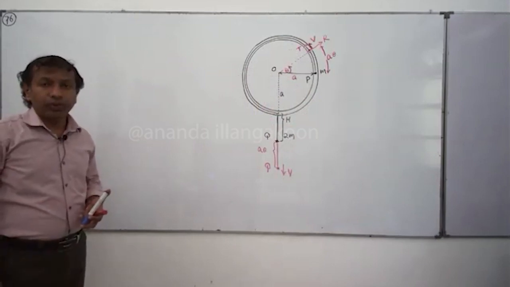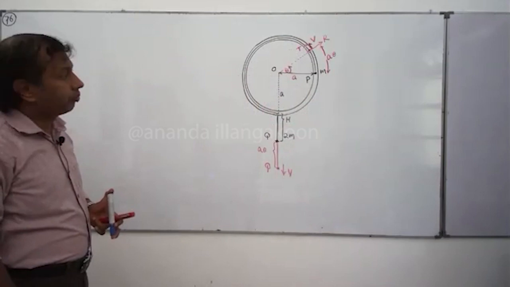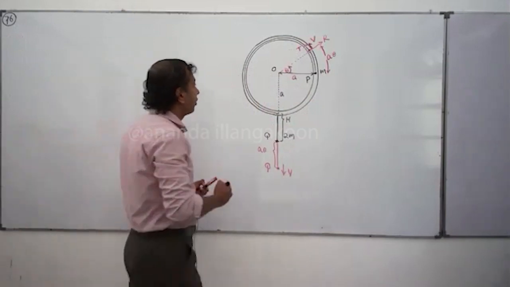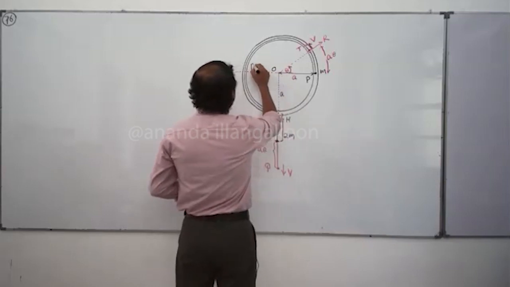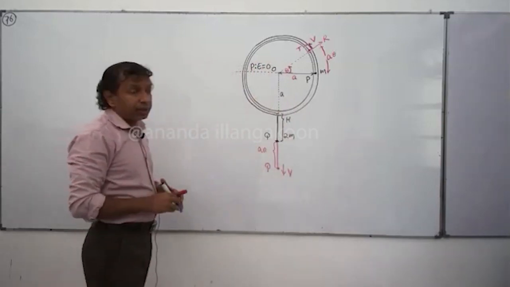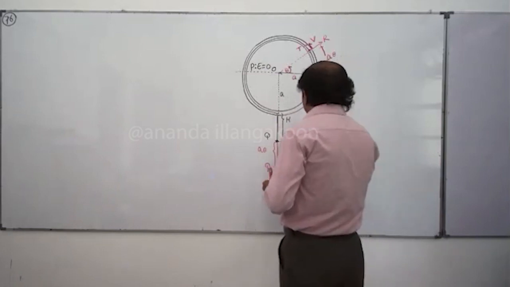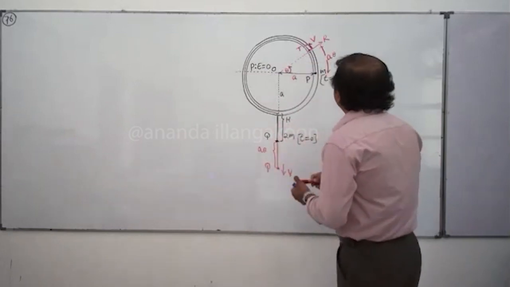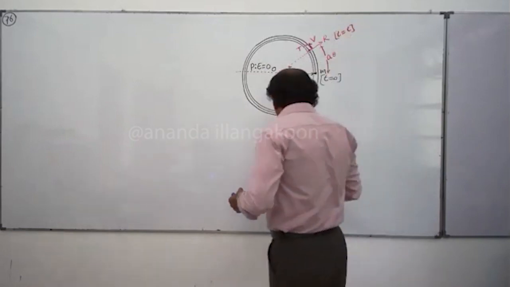I'll take the potential energy zero level as this level. Initially, at t equals 0, particle P is here and Q is here. At t equals t, they are here.